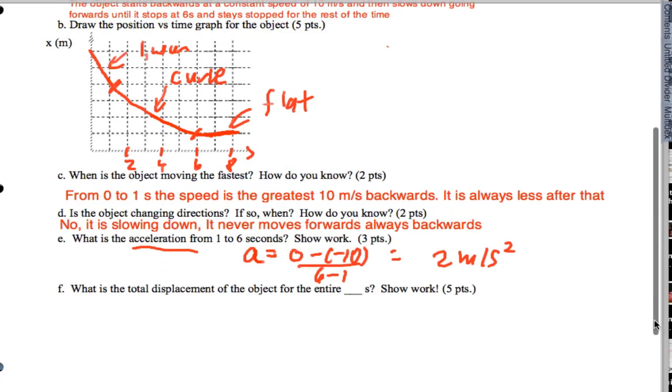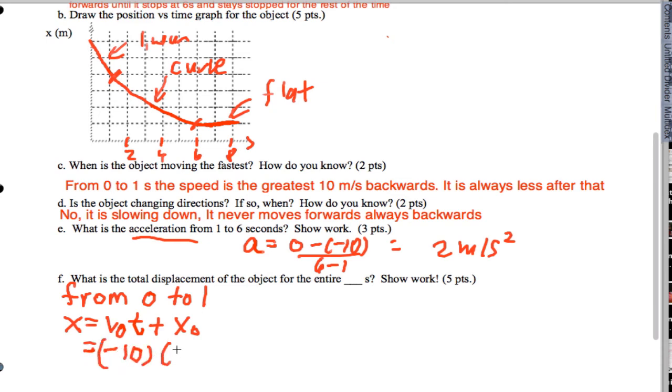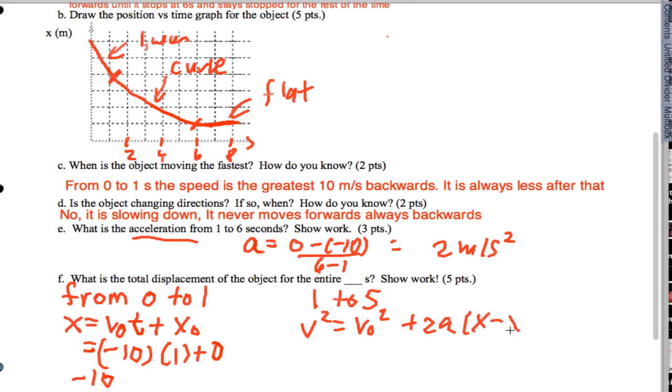Now the second way of doing it is, let's split this into 2 parts. From 0 to 1, we have x is v0 t plus x naught, because we're not accelerating. So we're going to have -10 times 1 plus 0, which would be -10. And then from 1 to 6, we could say v squared equals v naught squared plus 2 times a times x minus x naught.